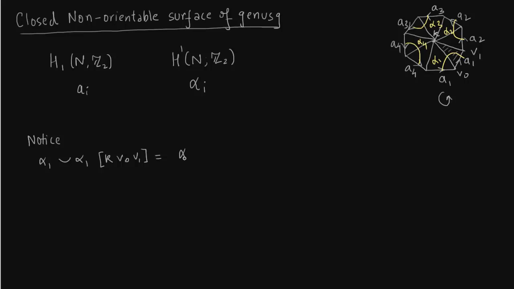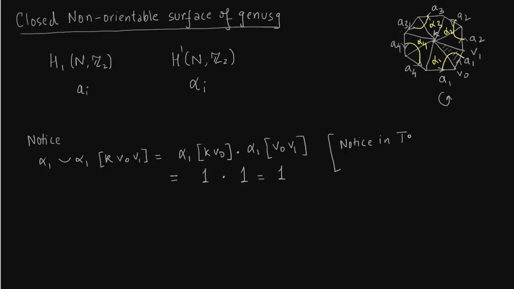Again, the entire surface is not orientable, but the smaller simplices which we are cutting together have orientation. So why is the orientation lost? The orientation is lost precisely because we are gluing adjacent edges with each other. The concept of orientation will become clear later on when we define orientability properly, but for now just take it on faith. So notice again, alpha 1 cup with alpha 1 is 1.